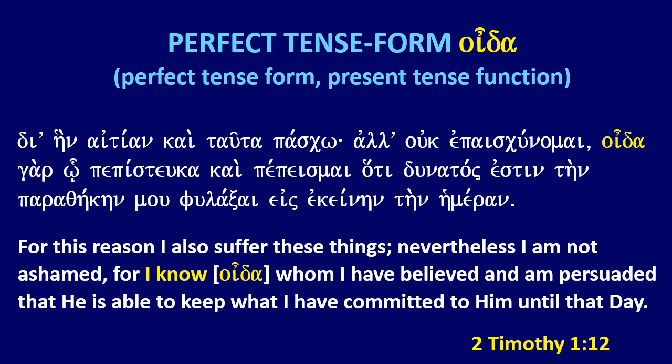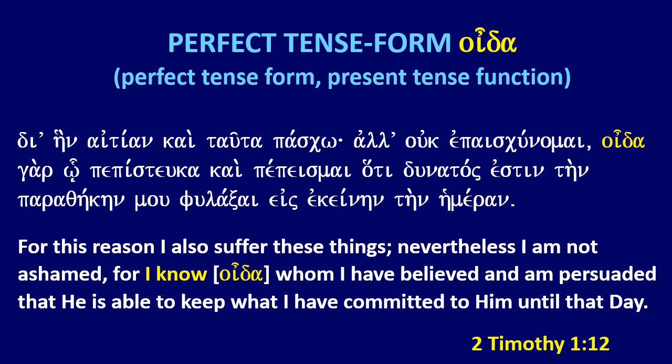Now, I want to clarify one of our vocabulary words. It's the word oida. It's the word for I know, but it's perfect tense in form, but in every case it is present tense in its function. And this is one of those idioms of the Greek language that you just have to mentally take note of and know by way of experience or usage as you read the New Testament, so that you don't misinterpret the significance of this.